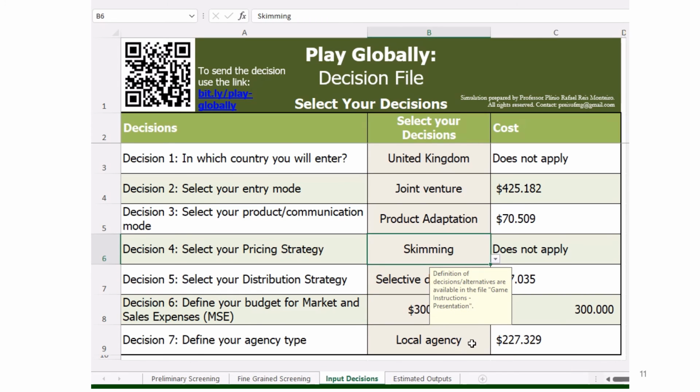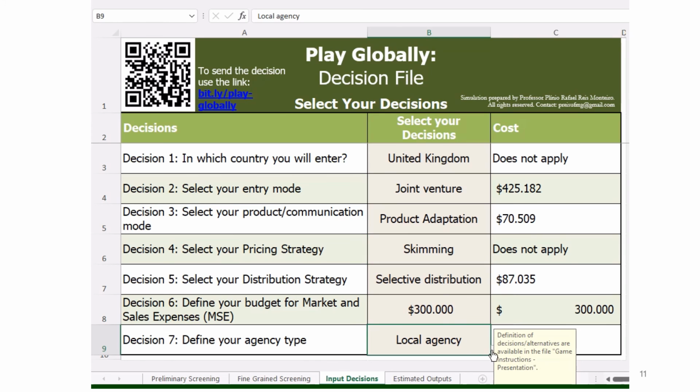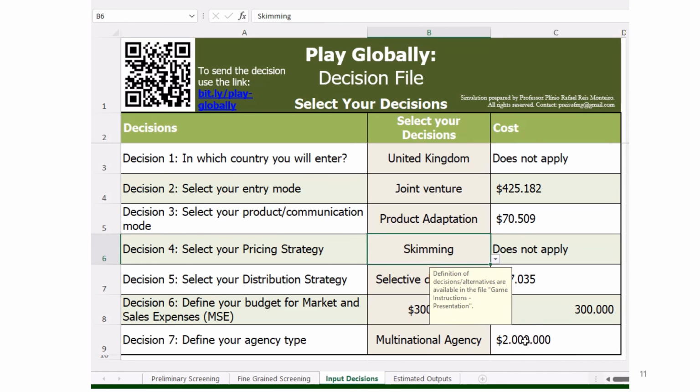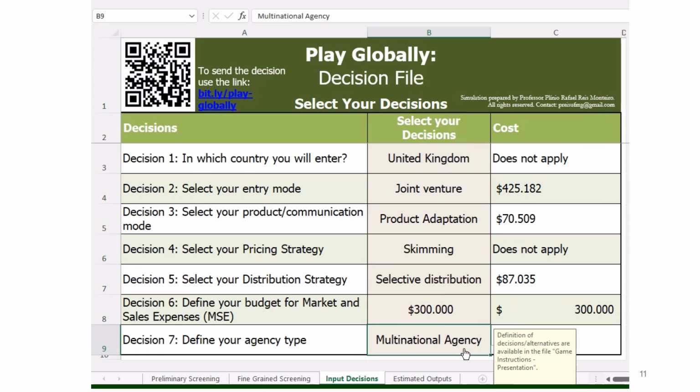For instance, the cost for a local agency in the United Kingdom will be this amount. But if I look for a multinational agency, then the cost will be much higher, $2 million.